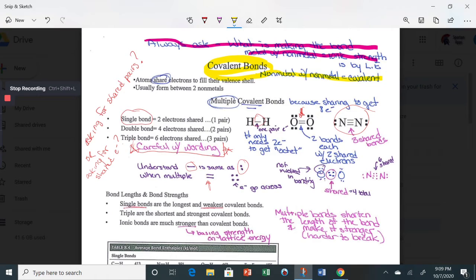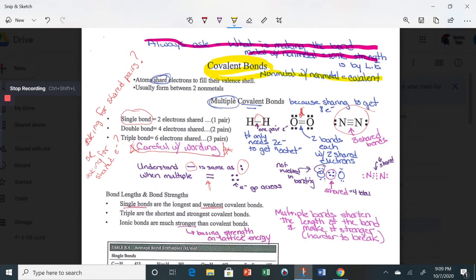It's actually the attraction between, which can also go by Coulomb's law, the nucleus of one atom to the outer electrons of the other atom involved in the bond. Depending on how many electrons, the distance, etc., you can have different strengths to the bond.